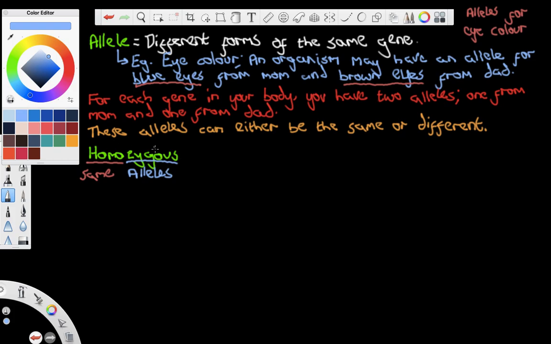So if you are homozygous, it means you have the same alleles.